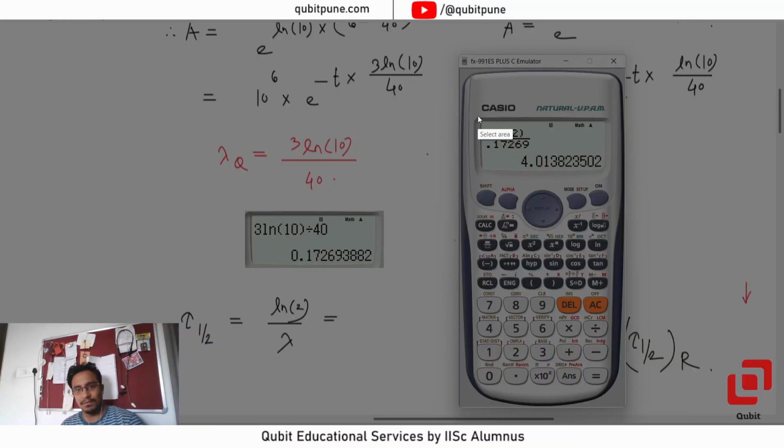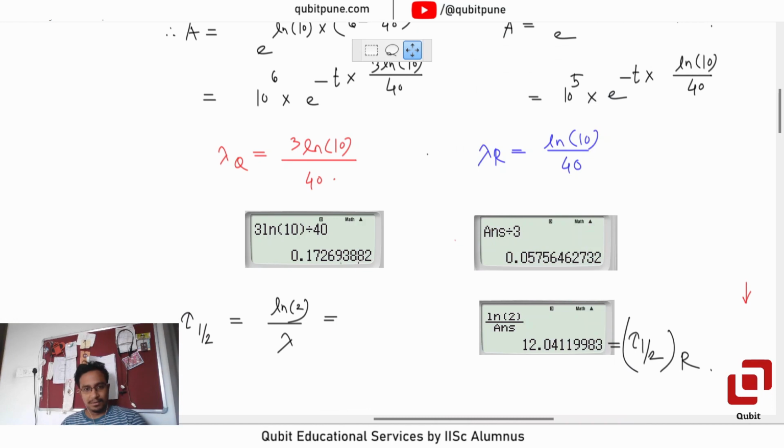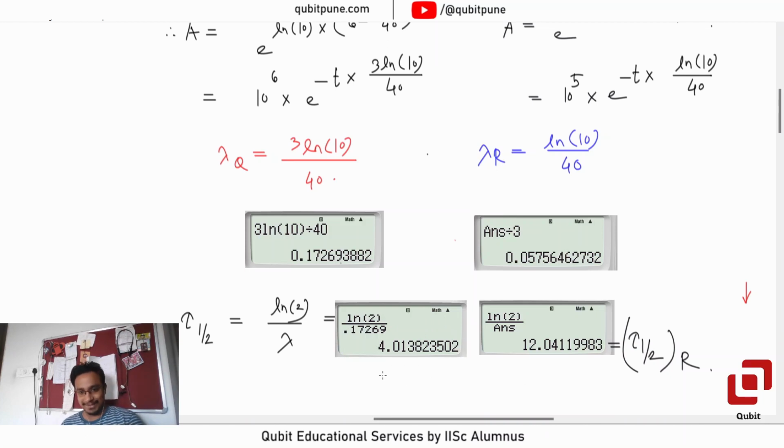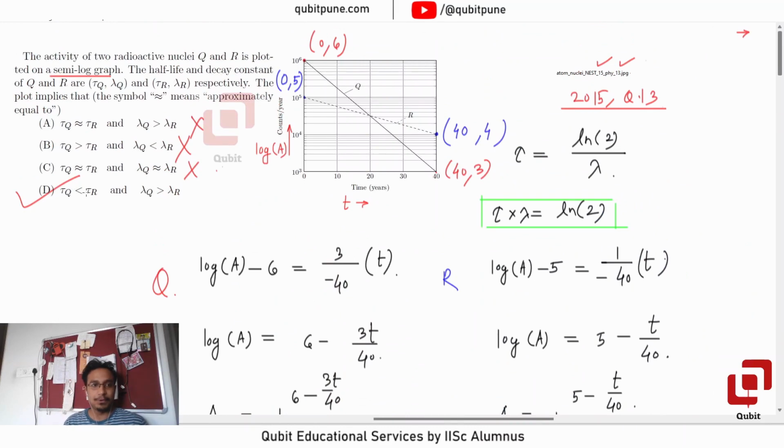Now, can we take 4 to be approximately equal to 12? Definitely not in this case. So the half-life of Q is smaller than the half-life of R. Option D. Now we have justified our option.